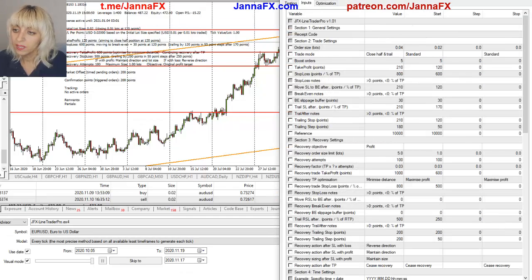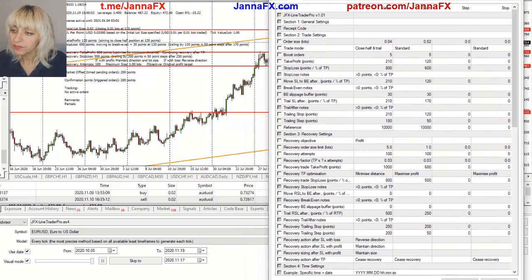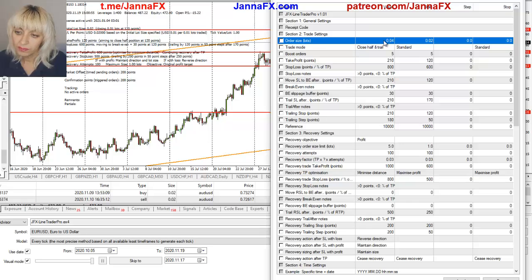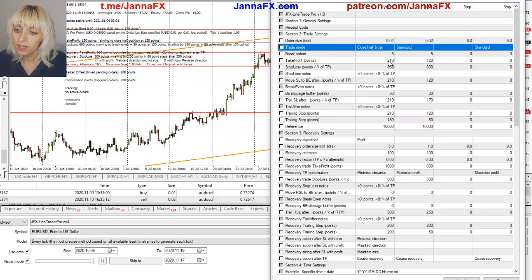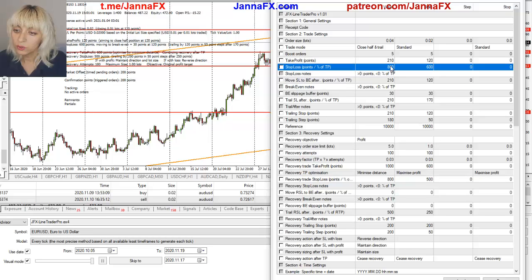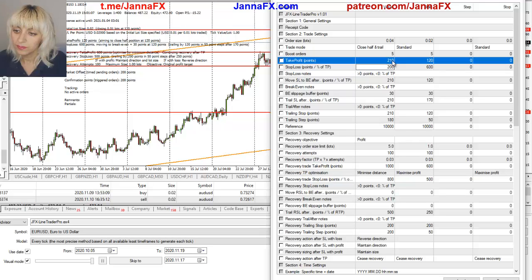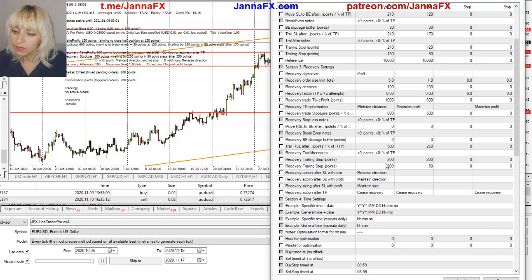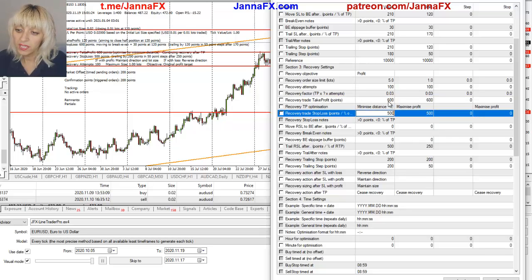So let's say we have here, well, the situation close half, I have take profit, let's say stop loss we're going to reduce so it would be faster, and let's say I will make here 180 points, and we have here leaving minimize distance, take profit will do also 600, stop loss slightly less, the same, you see guys, the bigger stop loss, smaller take profit, also the recovery size will increase.